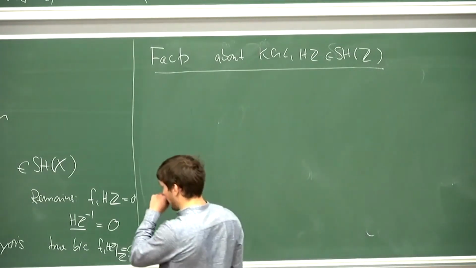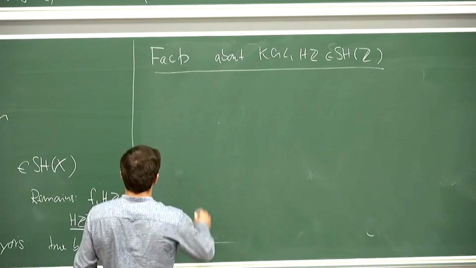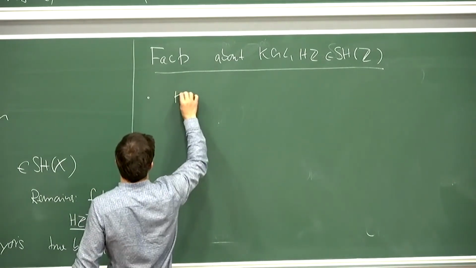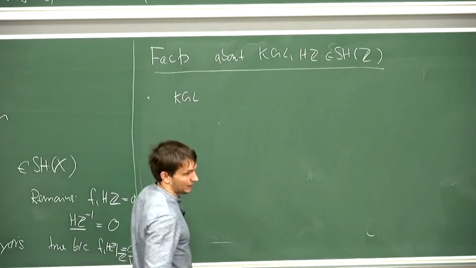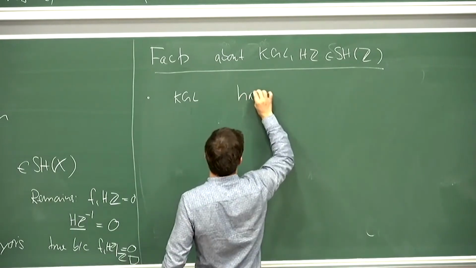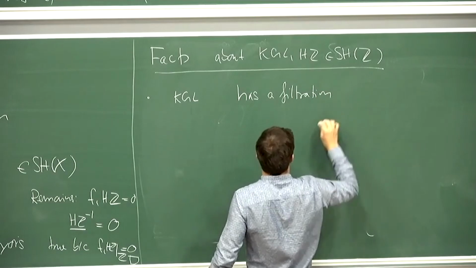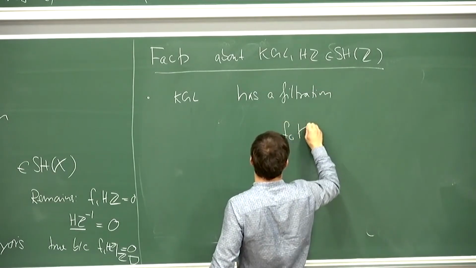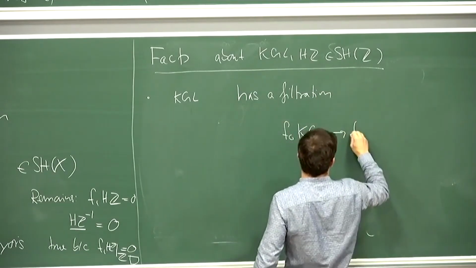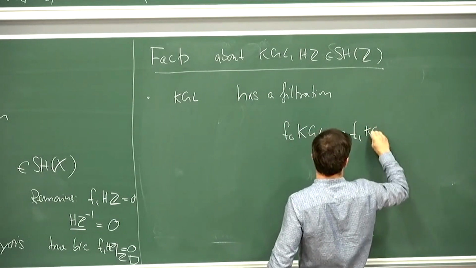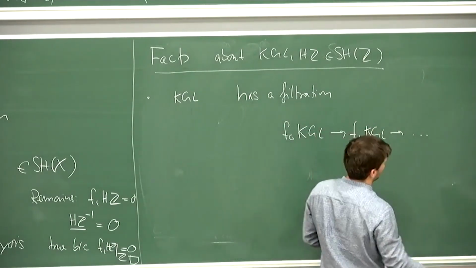Okay, so one of the main facts is that this KGL guy has the slice filtration. Somehow this f_0 KGL goes to f_{-1} KGL, and it keeps going like this.